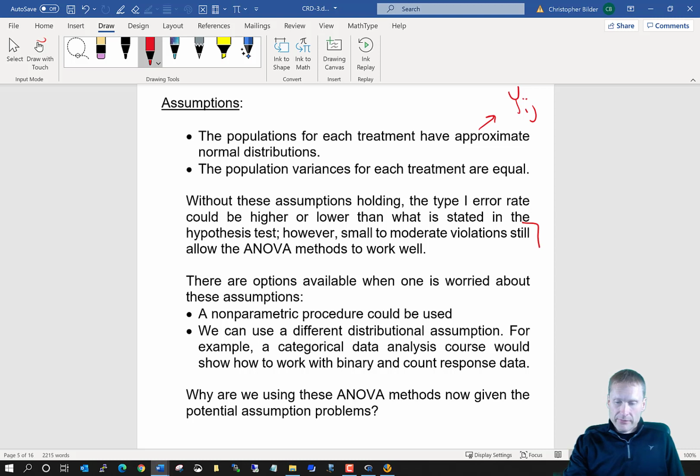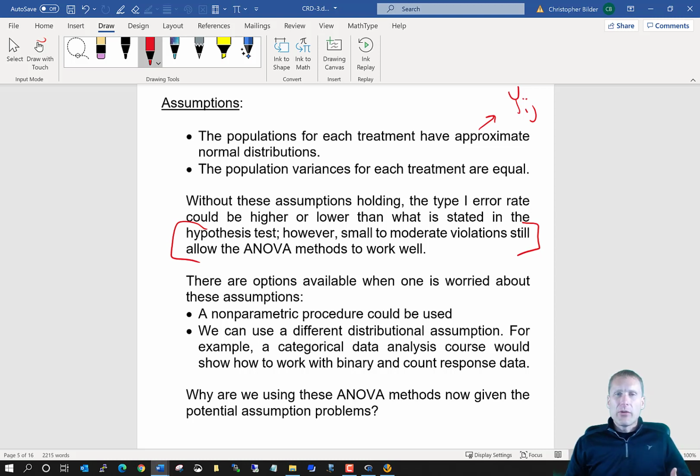But fortunately, very fortunately, small to moderate violations of these assumptions are okay. The ANOVA methods will still work well, meaning that if I say my type 1 error rate is 0.05 and I have a small violation of some of these assumptions, my true type 1 error rate is probably very close to it.